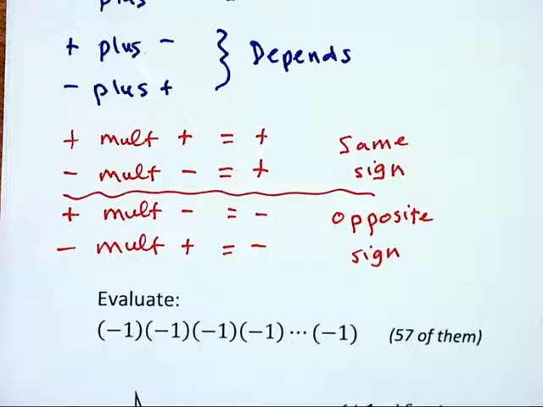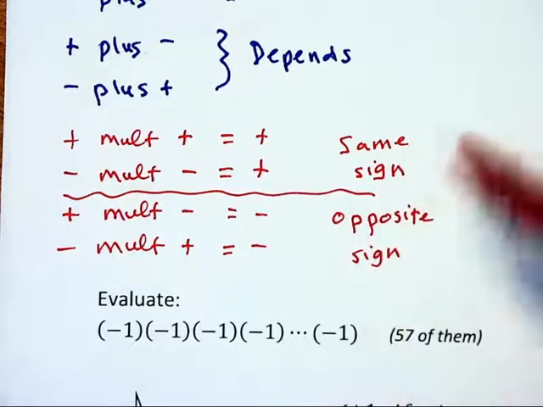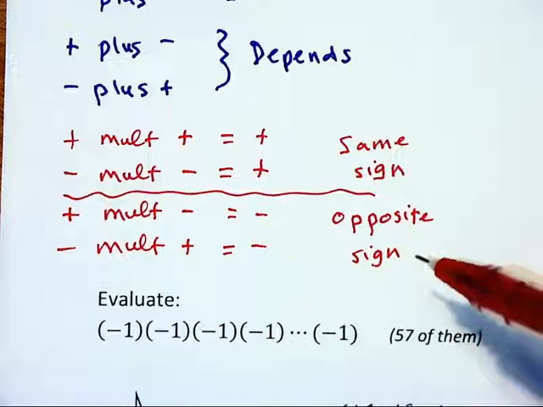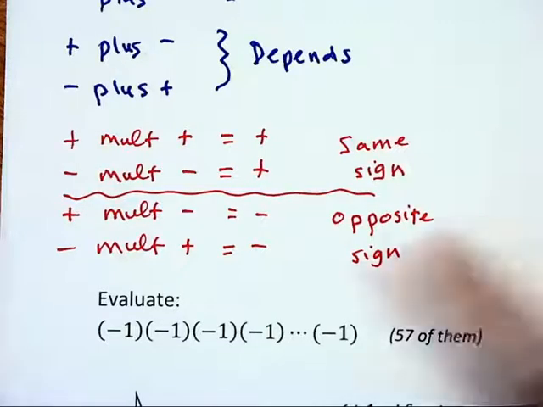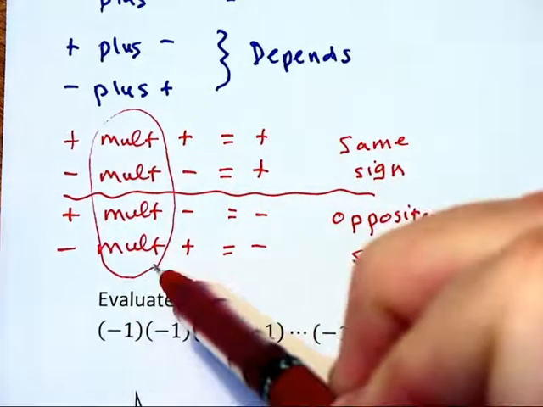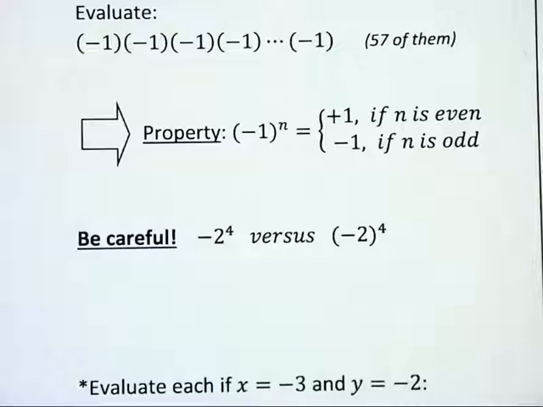Okay, and you do not want to get the positive and negative rules for multiplication and division mixed up with those for addition and subtraction up above. Note that I can change out this word multiplication for the word division, and the rules are going to be the same.